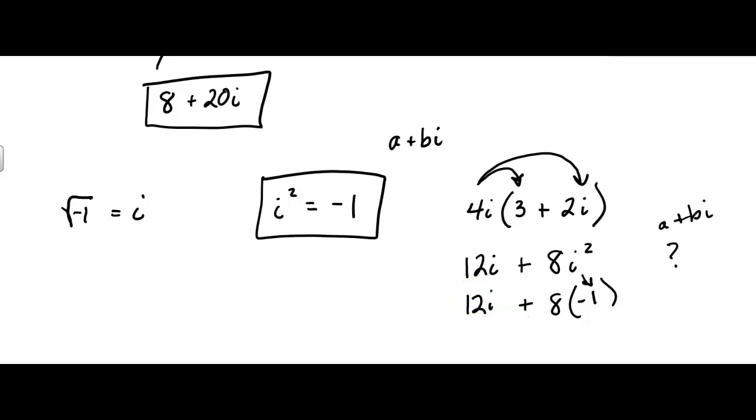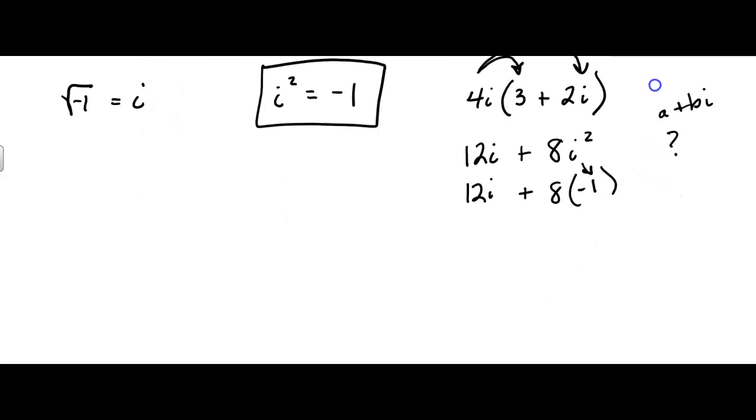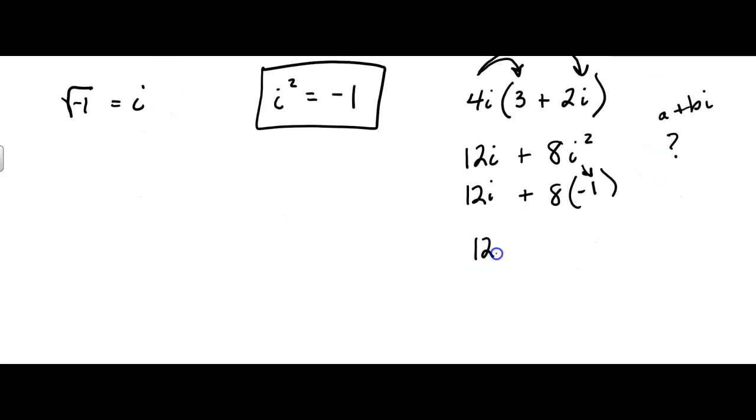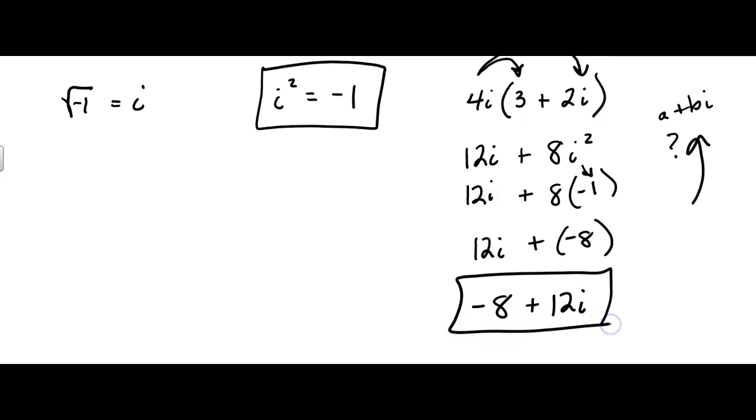That when you multiply, and we're going to do it in the next video, but if we get an i squared, we're going to replace that i squared with -1. Now we have 12i plus a -8, but to put it in a plus bi form, we're going to write -8 plus 12i.